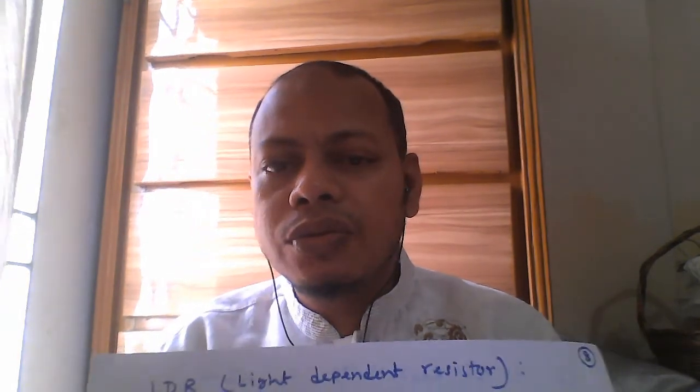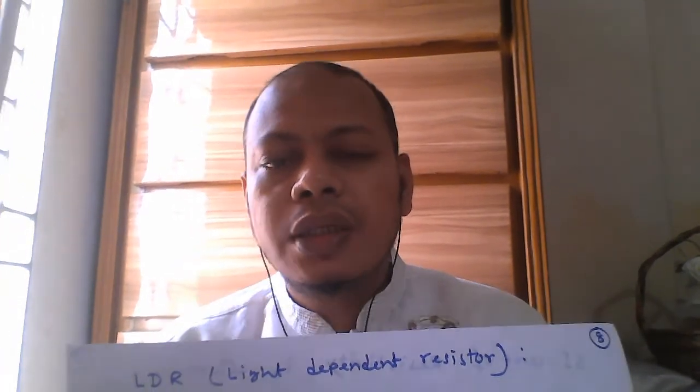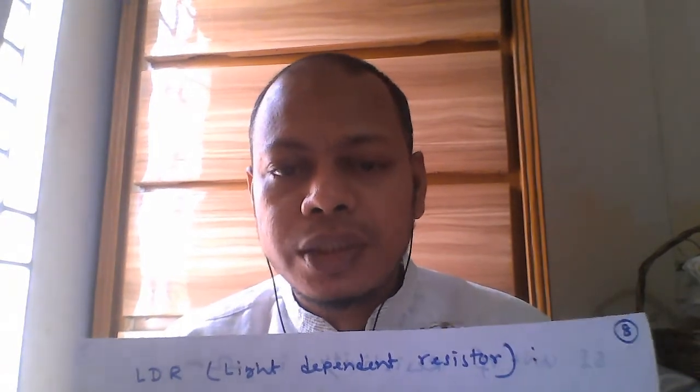This type of resistor we actually use in more complex circuits like street lamps or intruder alarms, burglar alarms, and many other places. Now in this topic, current electricity and DC circuits, we do not need to know so much about LDR. We will know its more applications later on.